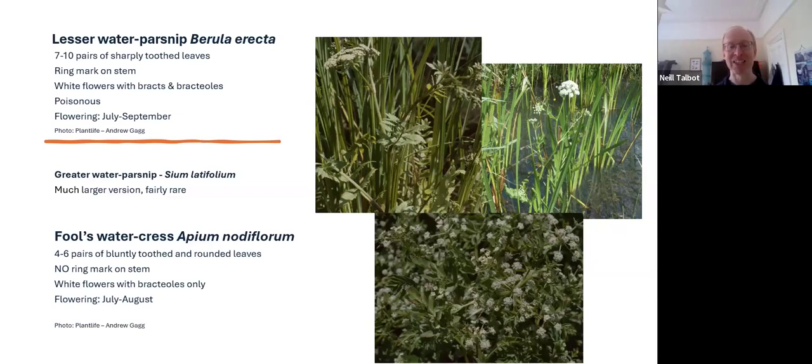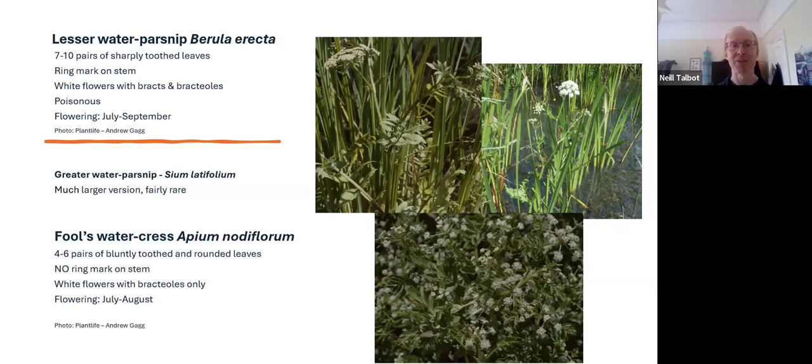Within the carrot family, you've got an umbellifer arrangement of flower heads, like an upside down umbrella of multiple white flowers. Some of the carrot family are yellow, but the majority of them are white, and that applies to these two species.